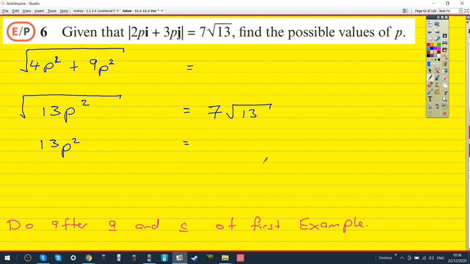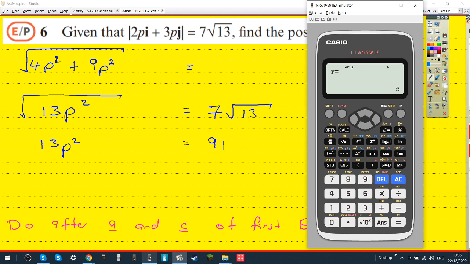Calculator. I got 91. 7 squared times 13. Are you sure you got 91? I put root 7 root 13, then above the root 13 I put squared.